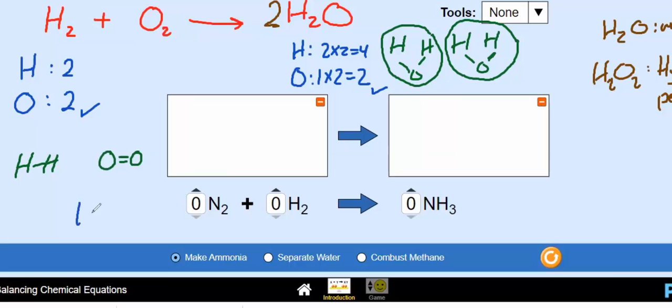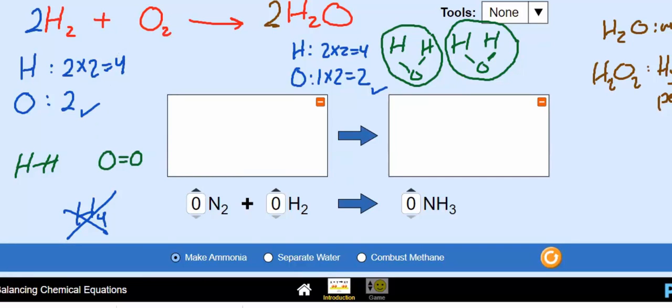I can't just put H4 there. This will be wrong. As I mentioned, we cannot change the subscript. We can change the coefficient. So what should I put here? In order to get 4, I have to put 2 here. So now 2 times 2 will give you 4.